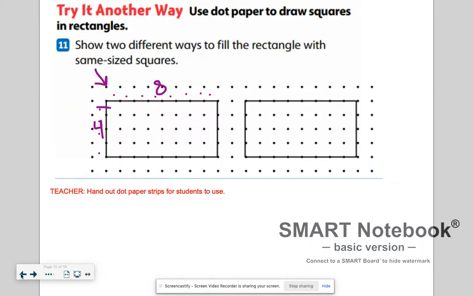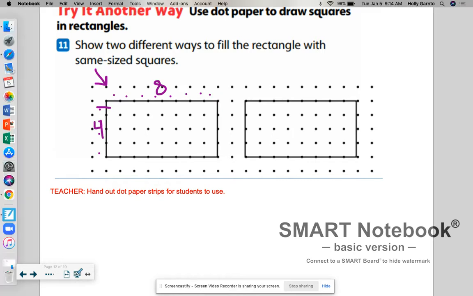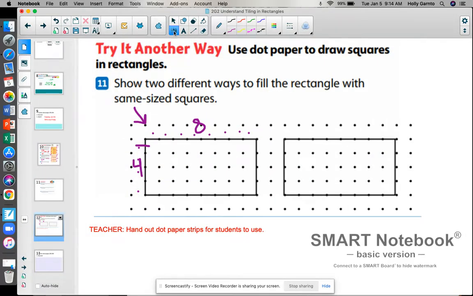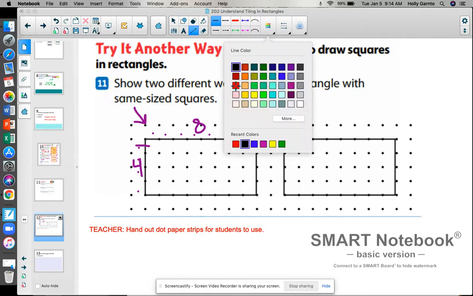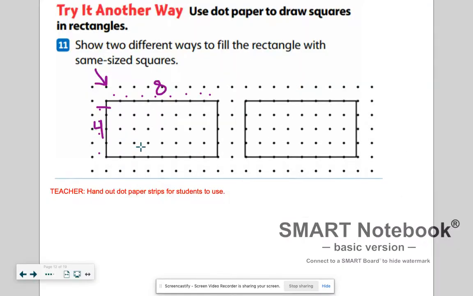All right, guys, let's go ahead and I'm going to split up my rectangles into same size squares. Now, if you did these different than I did, that's okay. We don't have to do them the same, as long as the squares on the inside are equal.